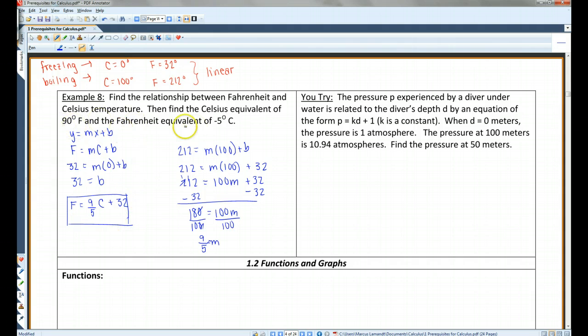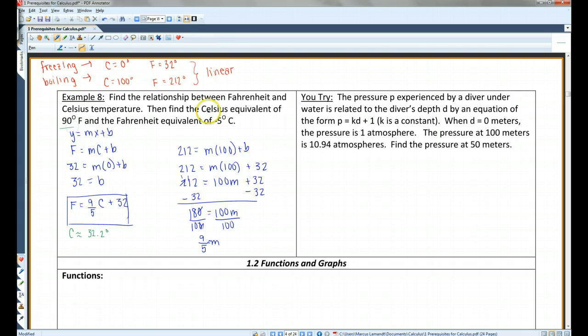So, to solve for these, we just have to plug it in. Let me change colors. If I plug in 90 for F, I could just find out what I get for C. I'm pretty confident you guys can do that. I'll just tell you what it is. For C, you're going to get approximately 32.2 degrees.